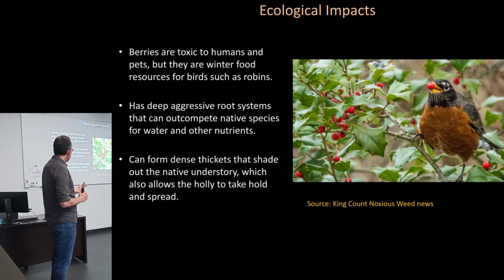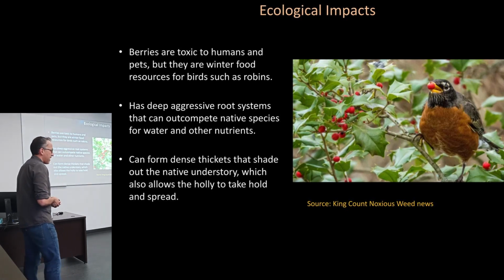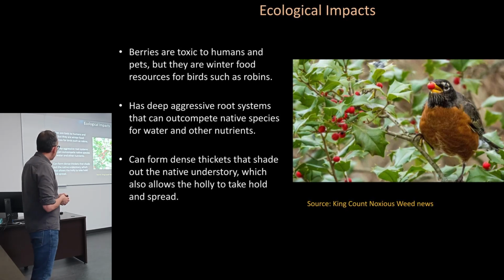It has a deep, aggressive root system that can outcompete native trees and shrubs and get the nutrients that are necessary for other species to succeed. So there is that strong competition with holly. It can form dense thickets that also can affect the growth of native vegetation, trees and shrubs.